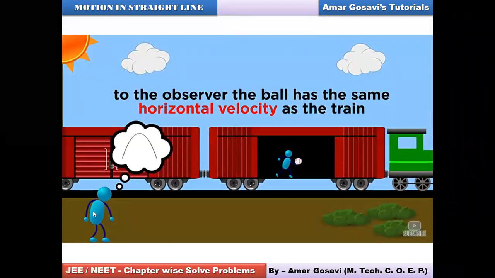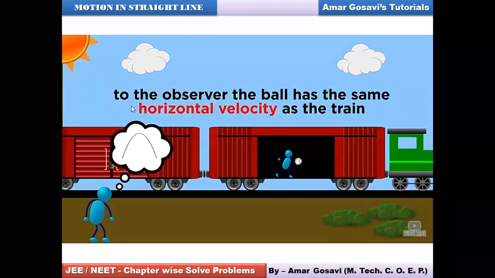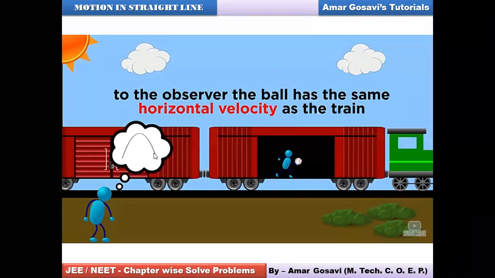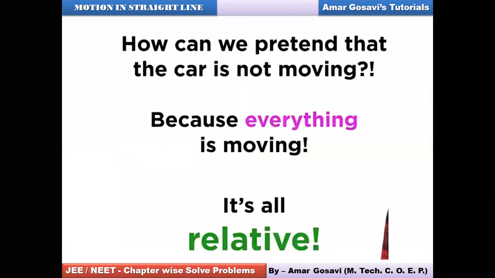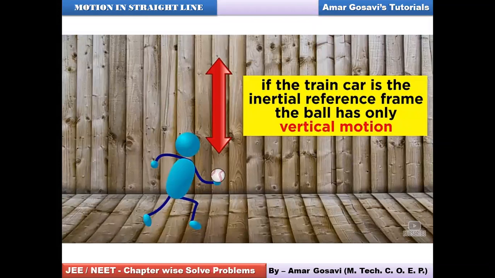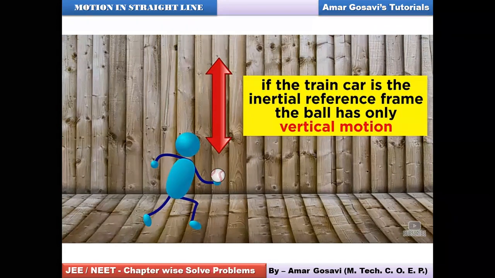You can see this is the person on the ground, and for him the motion is not vertical. The motion will be somewhat like this, parabolic in nature. We will study this type of motion in the later stages. But what I was trying to tell you is, the person in the train car would realize only vertical motion for the ball. Please make a note of it.